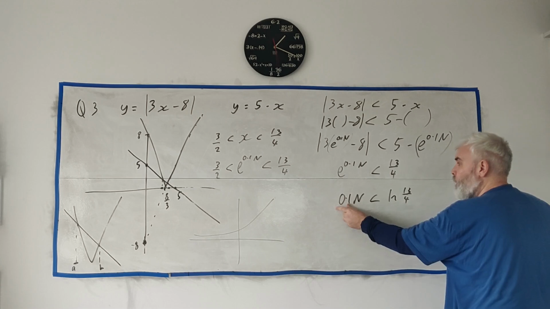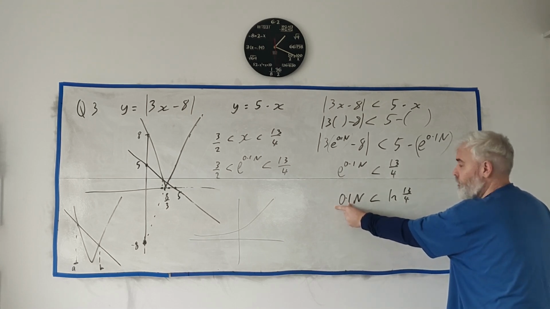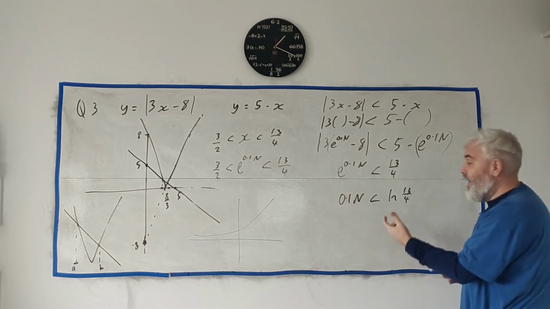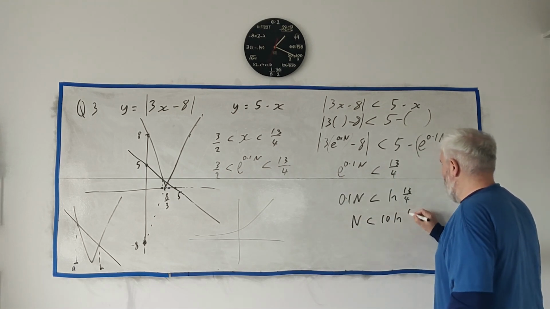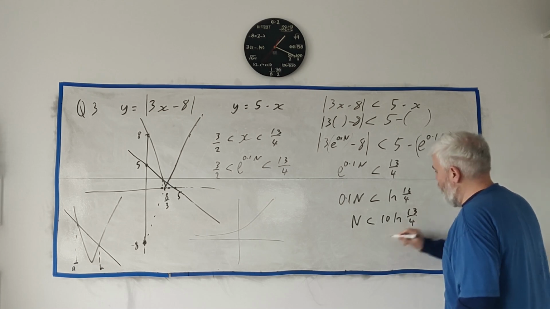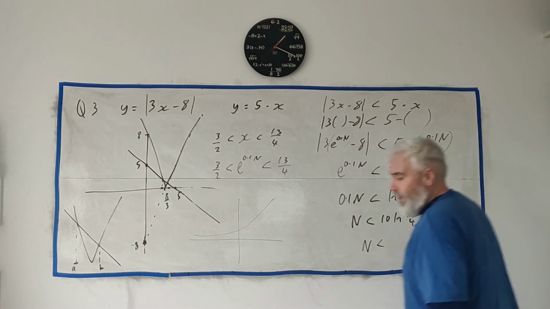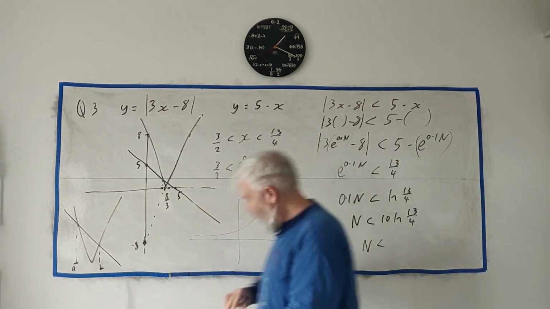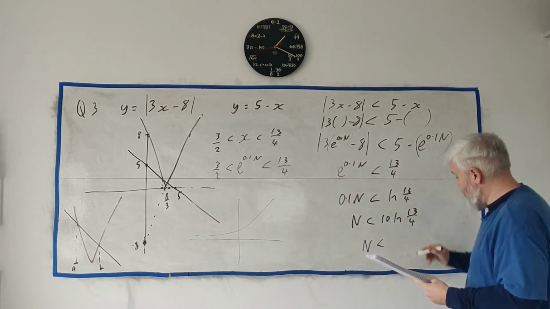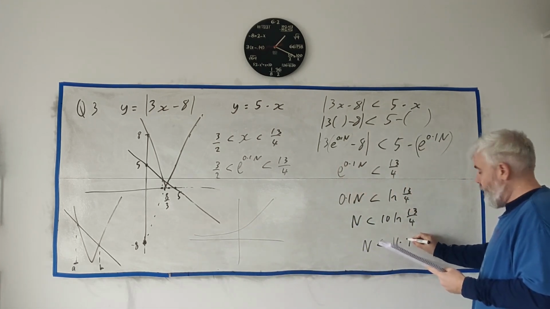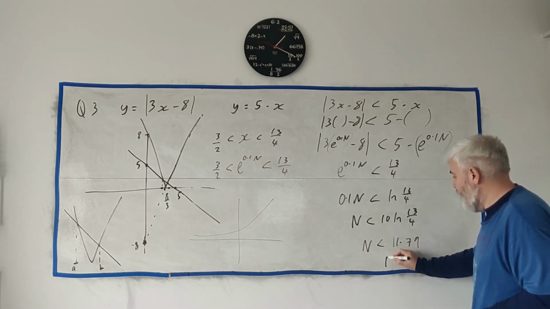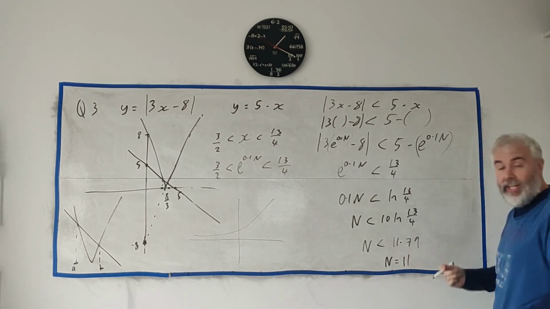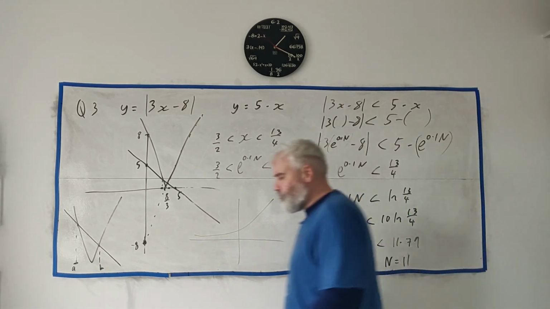We want to multiply both sides by 10, to get rid of that 0.1. n is less than 10 times the natural log of 13 over 4. Just put that in a calculator. We get n is less than 11.79. So what's the biggest possible n? The biggest possible n would be 11, integer that is.